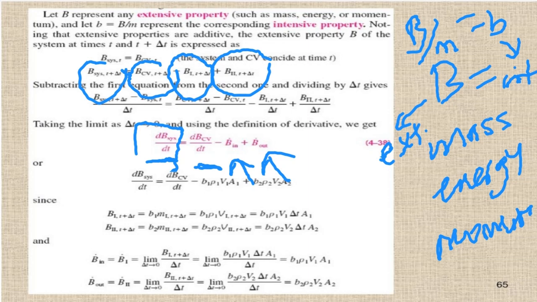Meanwhile, because the small case b is the intensive property, which is the extensive property divided by mass, and remember that mass flow rate is rho times A times V, then you can write the terms here, the B dot term here as b1 rho VA, this is m dot, and b2 rho VA, this is m dot again.